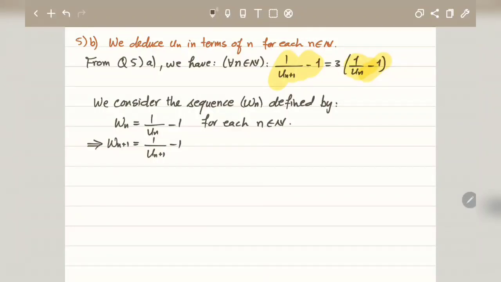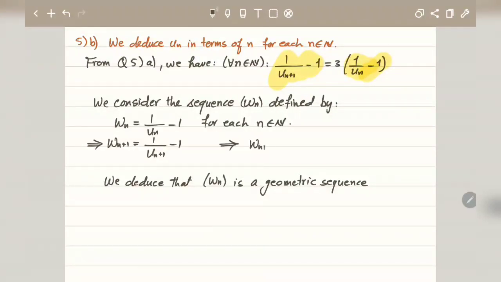Okay, so we deduce that this sequence wn is a geometric sequence. Why do we say that? Because here we can write wn plus 1 equals 3 times wn for each n belongs to N. Okay, this sequence is geometric.